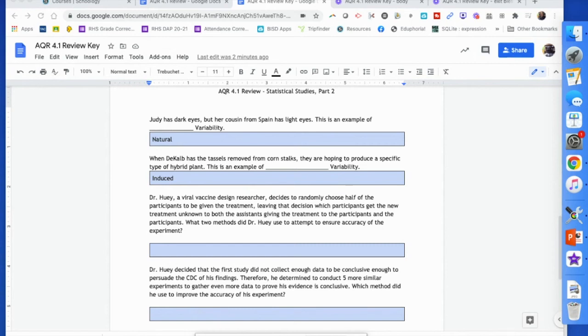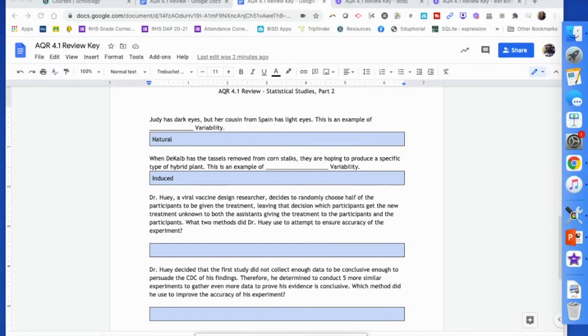And the second part was he didn't let the people helping him, his assistants, know which ones were getting the treatment. And the participants didn't know which ones were getting the treatment. Sometimes you get participants that will inaccurately report improvement. And then you also may have researchers assisting them that will subconsciously try harder to find improvement in treatment group participants versus the control group.